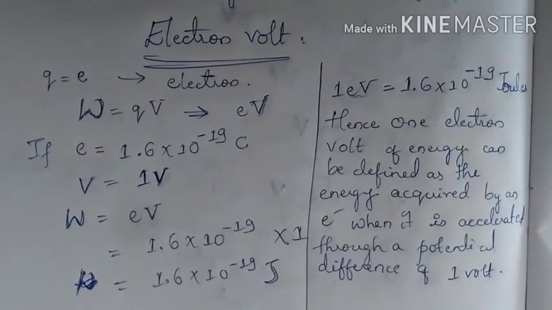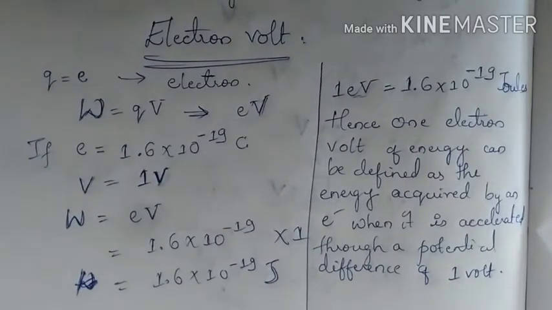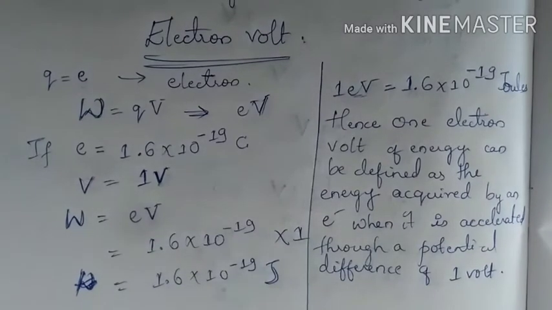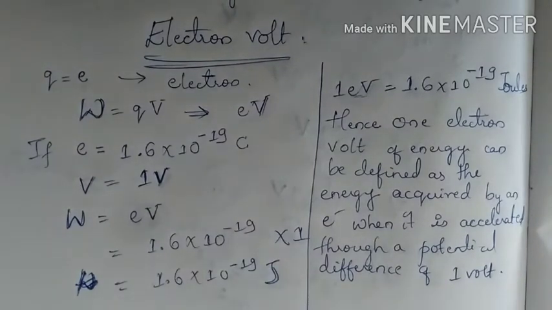So this is what the electron volt is. So 1 electron volt of energy can be defined as the energy that is acquired by an electron when it is accelerated through a potential difference of 1 volt.